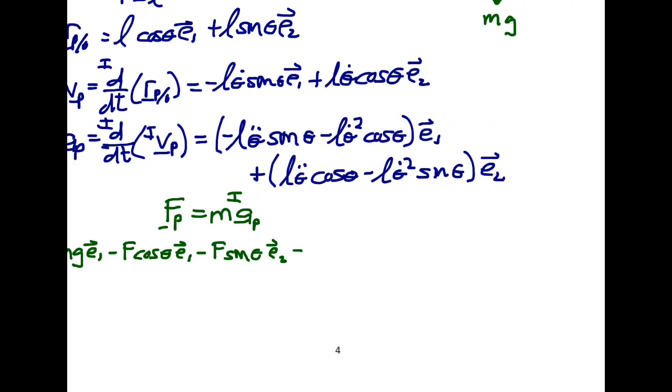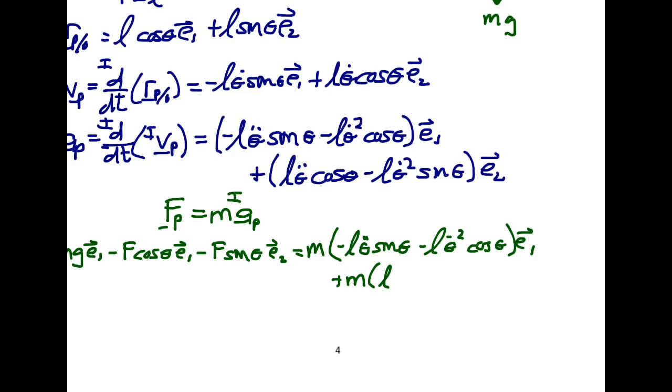This is equal to our mass multiplied times our acceleration: negative L theta double dot sine theta minus L theta dot squared cosine theta, all in the E1 direction, plus our mass times L theta double dot cosine theta minus L theta dot squared sine theta in the E2 direction.